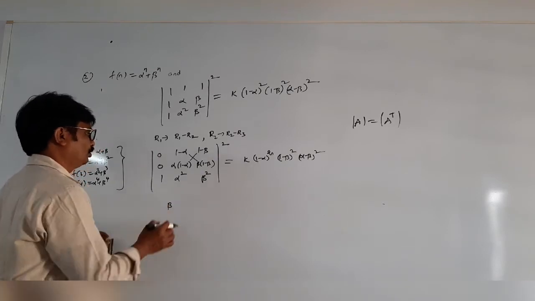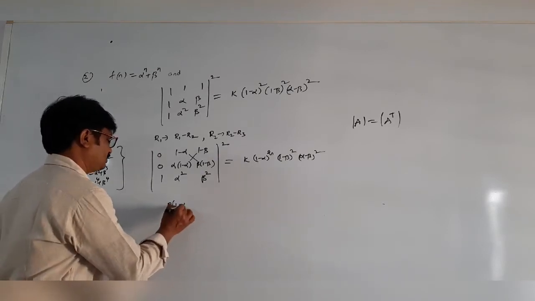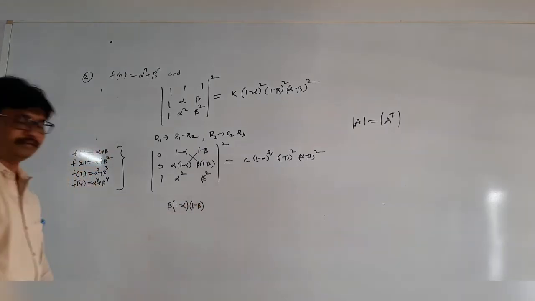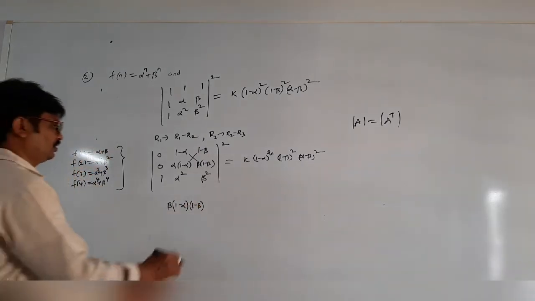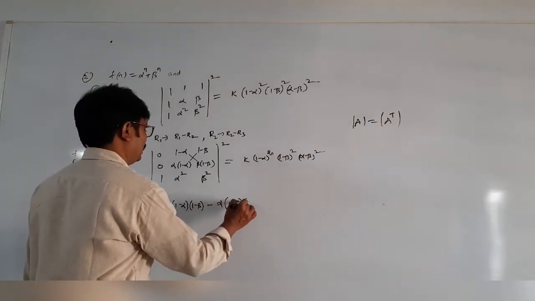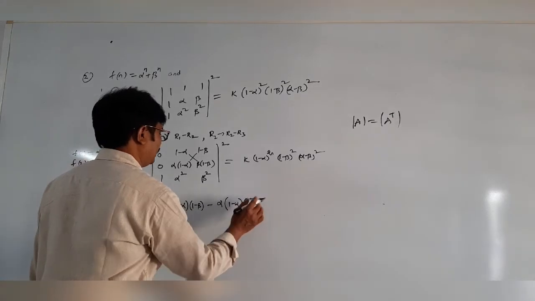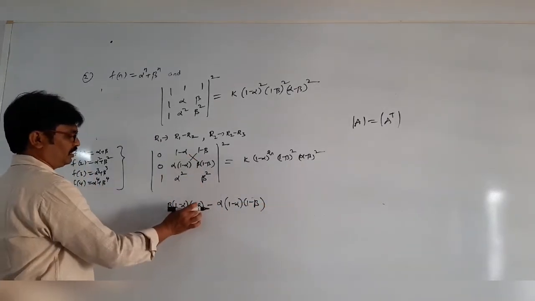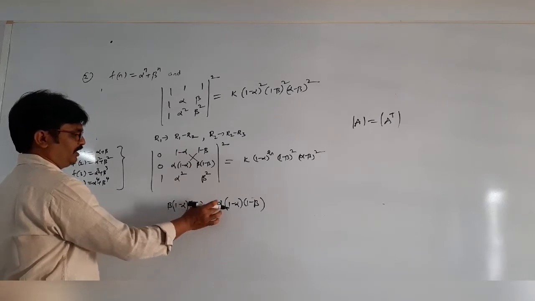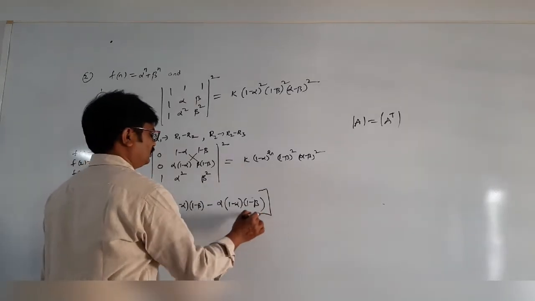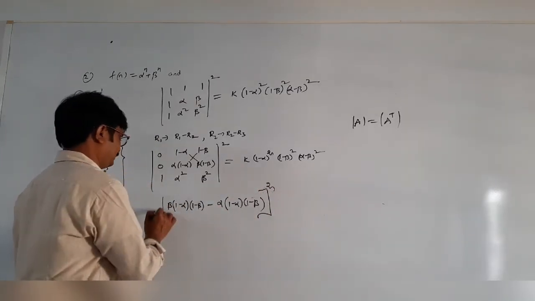Beta into 1 minus alpha into 1 minus beta. Is it clear? Now this is minus of alpha into 1 minus alpha, 1 minus of beta. What is this? Beta into 1 minus alpha into 1 minus beta, minus alpha into 1 minus alpha into 1 minus beta. Beta minus alpha whole square.